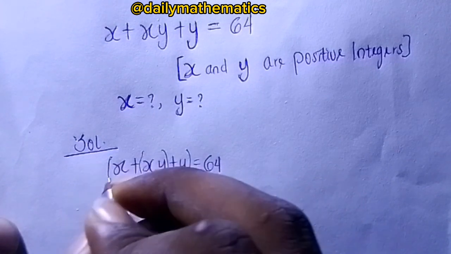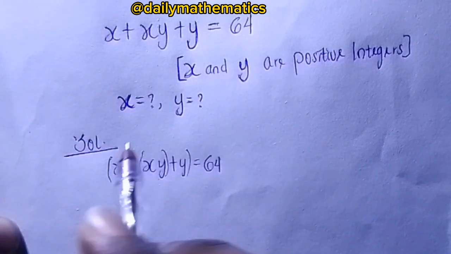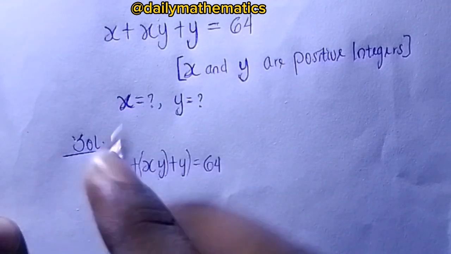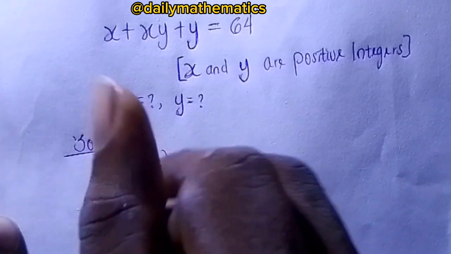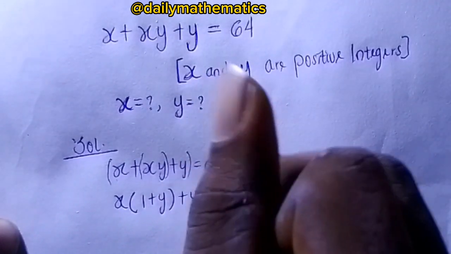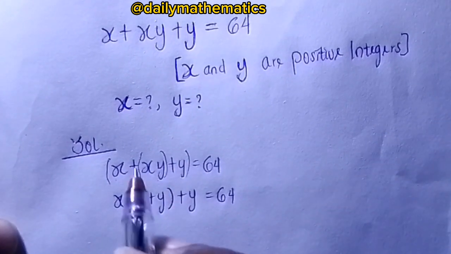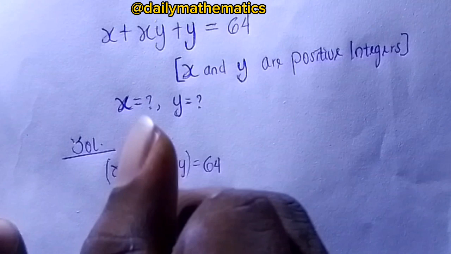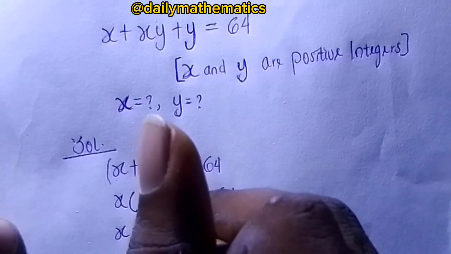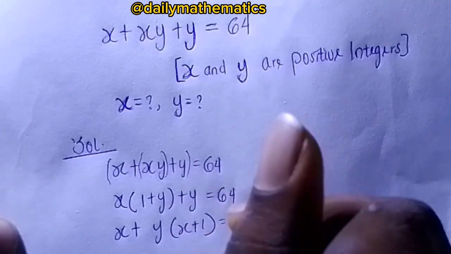So let's factorize x out: we have x times 1 plus y equals 64. When we bracket this side and factorize y out, we have y times x plus 1 equals 64.